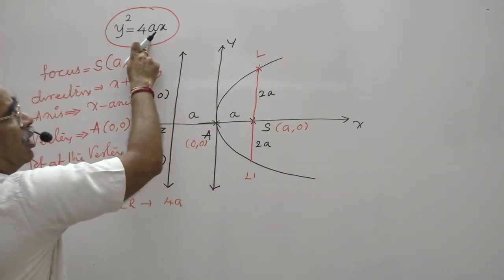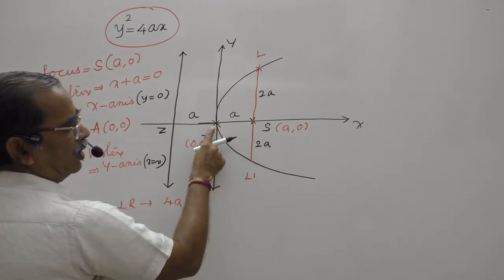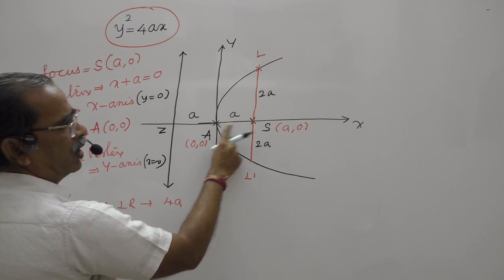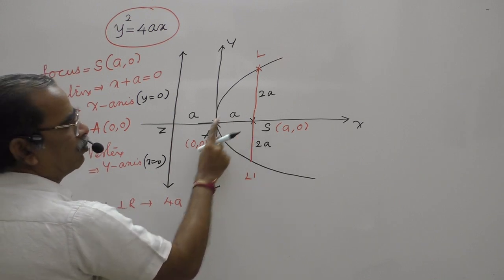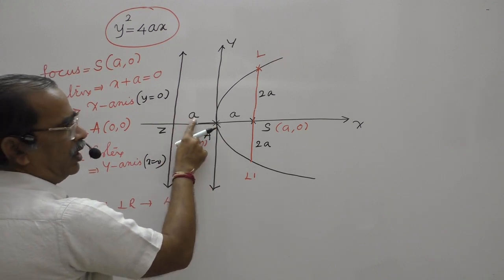For this parabola, see, this is the focus, this is the vertex, this is the directrix. The distance between vertex and focus is a. The distance between vertex and directrix is a.